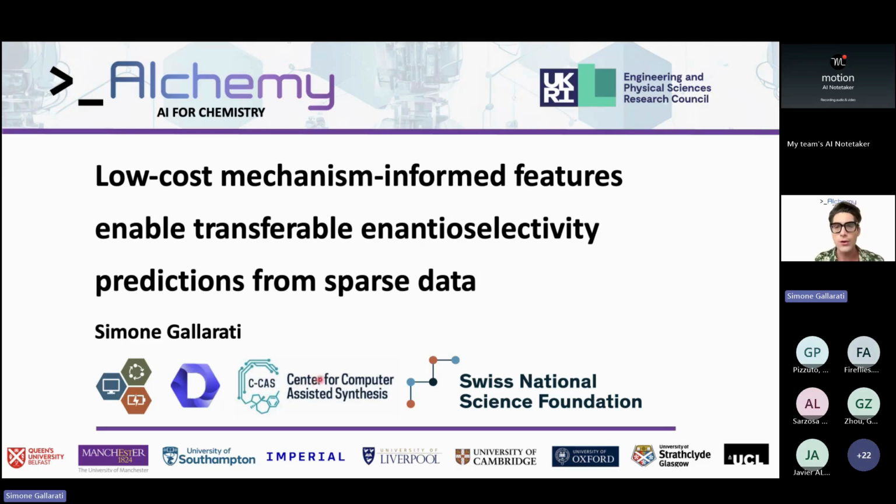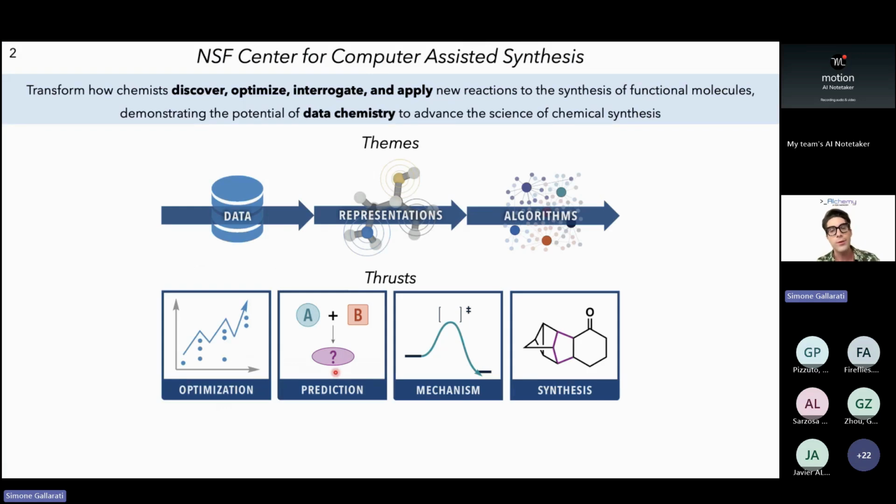For those of you who may not be familiar with CCAS, CCAS is the NSF Center for Computer-Assisted Synthesis, and the objective of CCAS is to revolutionize the way that we discover and optimize chemical transformations.